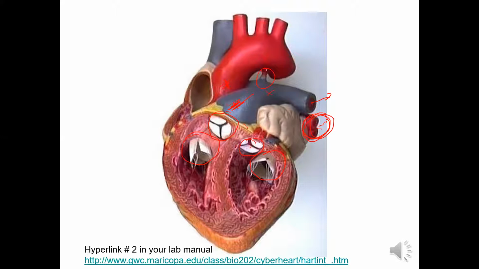So in a fetus, before you're born, this is a duct. It's called the ductus arteriosus, which has blood mixing because fetuses don't use their own lungs until they're born. They're getting their oxygen from placental blood from their mom. But once you're born, this duct becomes inactive and it becomes a ligament. So we call it the ligamentum arteriosum.